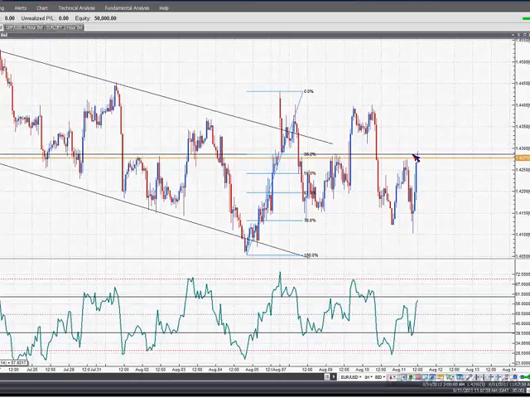Going back, all the way up to 1.43. If we break above that, if the RSI breaks back above 60, we're likely to continue towards, as I said, the 1.4370, 1.44 high here. So this is a bullish outlook in the context of a ranging market.